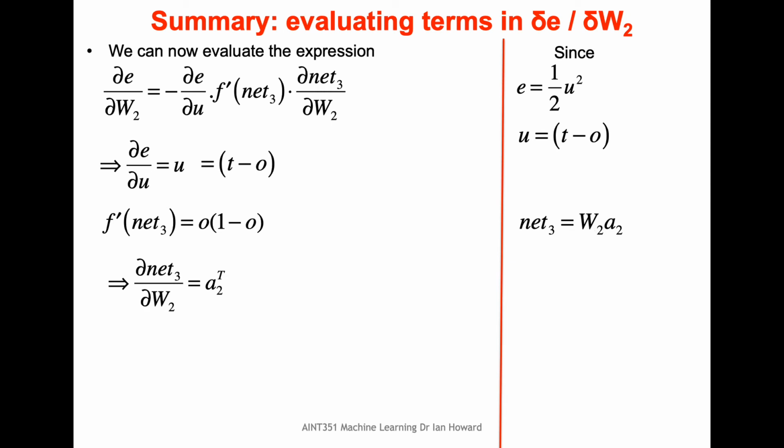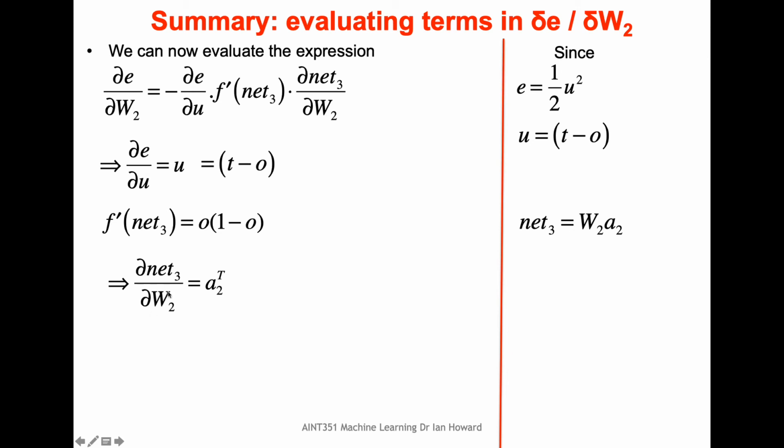If we differentiate that with respect to W2, we know that that's just going to go to A2 transpose. So look back at how we did the differentiation last time, and look back at the first principles if you want to know why it changes to a transpose. Basically the result has got to be of the same form as the matrix for W2.